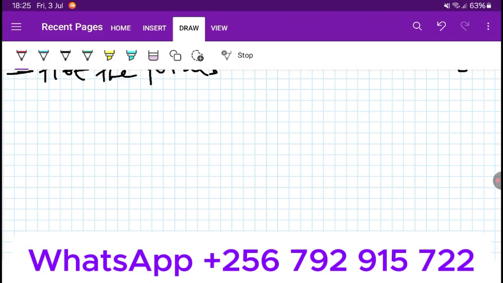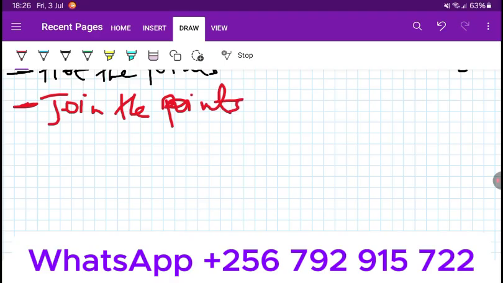Of course, once you have plotted, the other step is for us to join the points plotted.